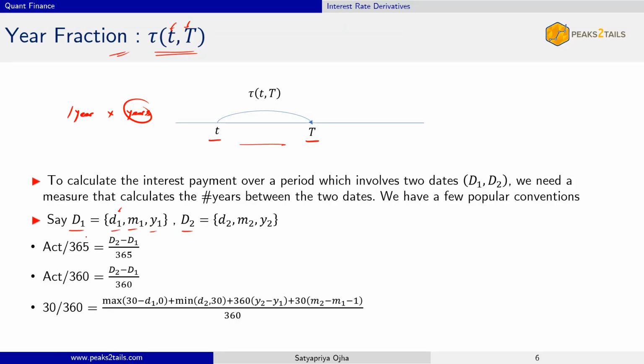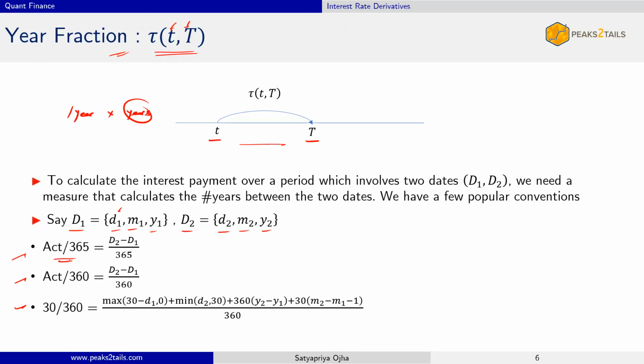These are the 3 things you need to define a date. To figure out the time distance between D1 and D2, we need some convention. There are 3 popular conventions, and many more also. Based on the convention that you use, your year fraction would be different. How many years are contained within that period? That's what we're trying to figure out.